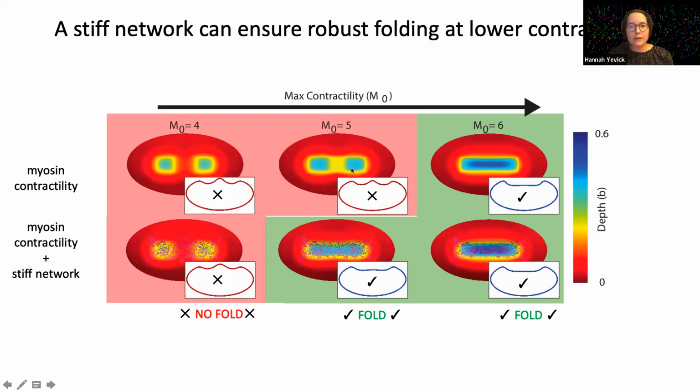So basically these stiff oriented fibers are playing a structural role in robustly guiding tissue folding despite varying degrees of myosin contractility or motor levels.